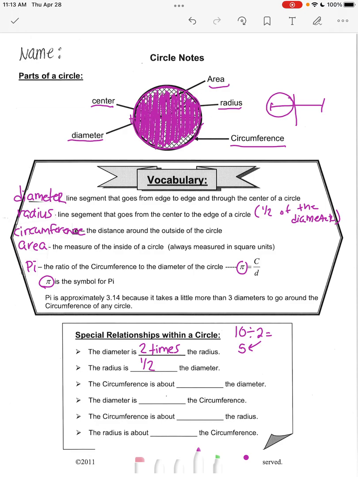Okay, and it says right here, the circumference is about 3 times the diameter. That's what this statement says right here that I'm putting a star next to. The diameter is 1/3 the length of the circumference.